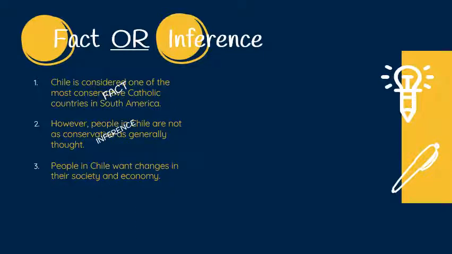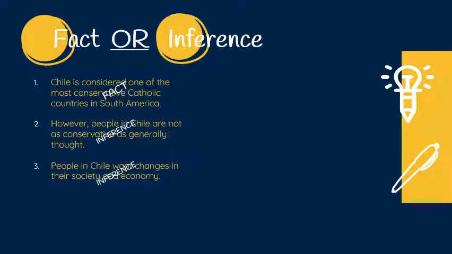If your answer is inference, you get it right. Why? This statement is subjective. People in Chile are not as conservative as generally thought. So this statement is subjective. It's debatable.